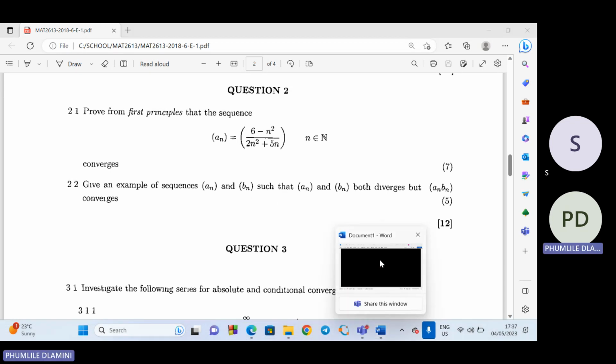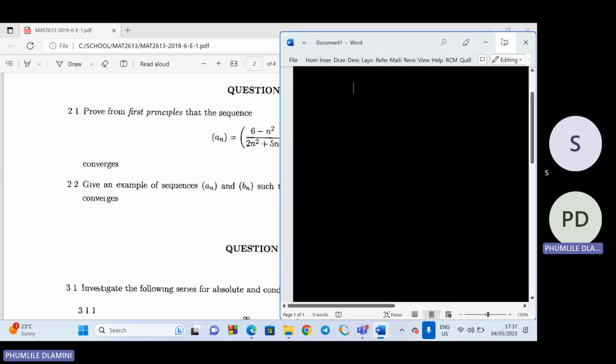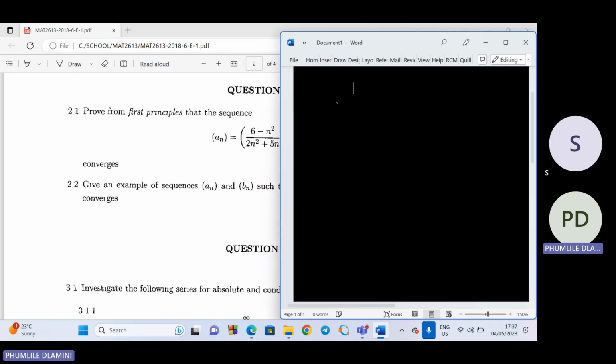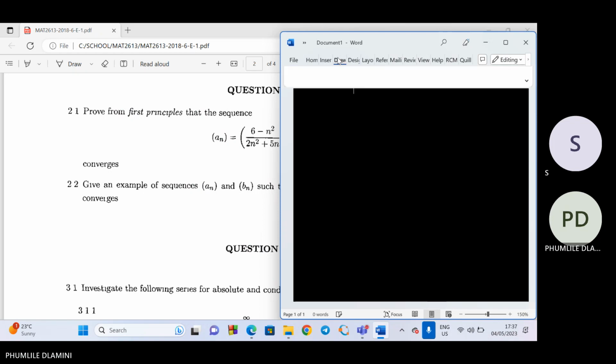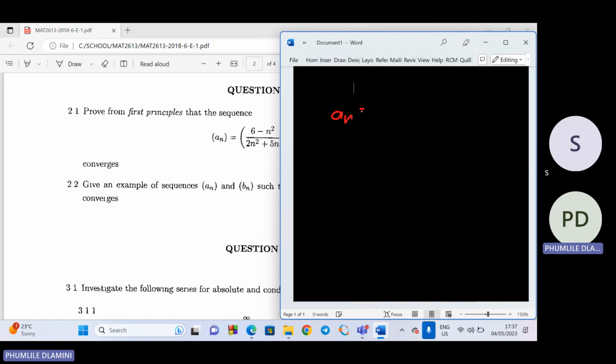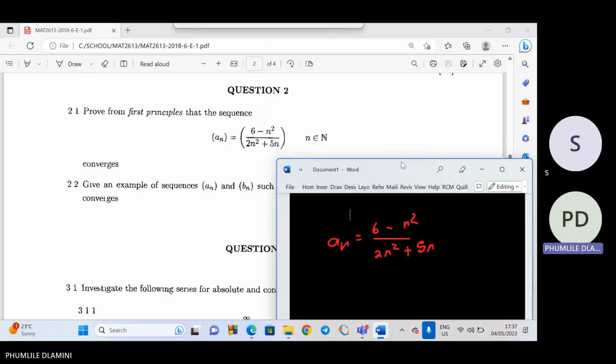In order for you to prove this is simple. We use the same process that we did before. Our an equals 6 minus n squared over 2n squared plus 5n. Let me check, it is 5n.